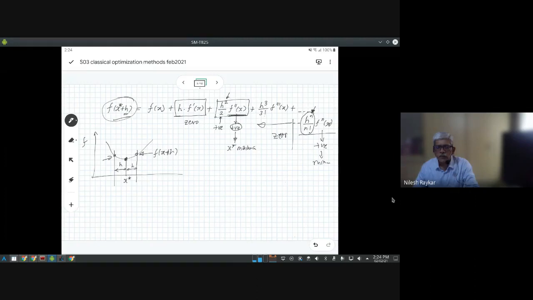So in that case it is indeterminate, meaning you cannot say whether it's maxima or minima, and it happens to be a point of inflection because the slope there is 0, the first derivative is 0, but the function may rise, it may remain flat for a long time, or it may rise on one side and drop on the other side, or it could be otherwise. So in such a case, you are uncertain about the conclusion.